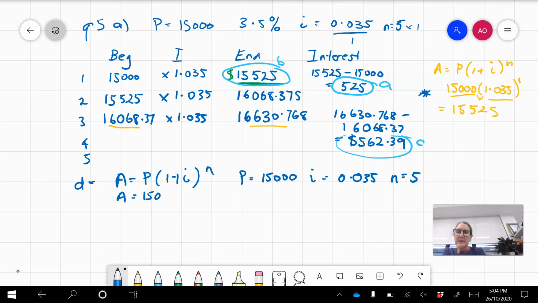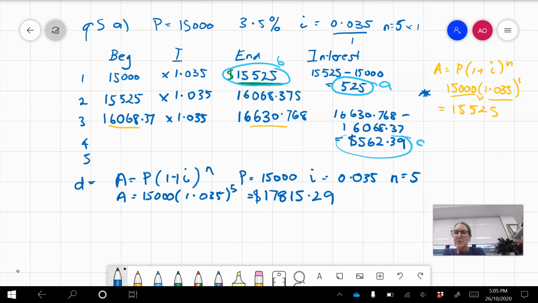So we can do that in one line. It's 15,000 times 1.035 to the power of 5. And you'll put that in your calculator and find that that is equal to $17,815.29.